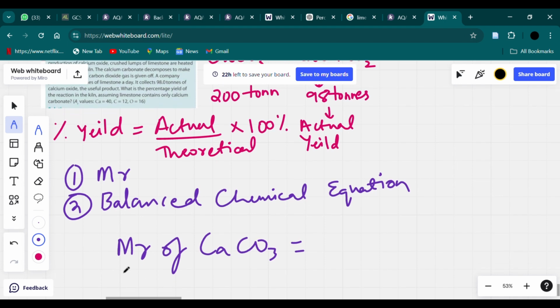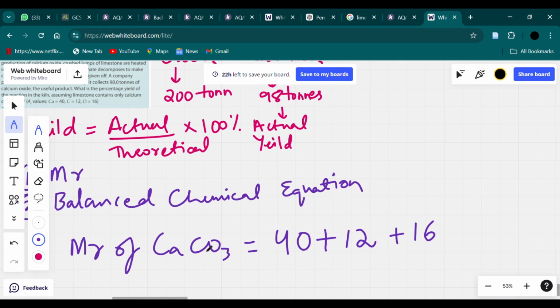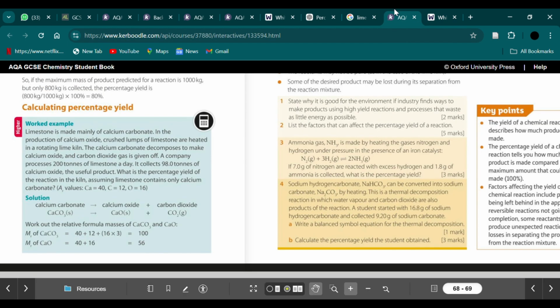So the relative atomic mass of calcium is 40, plus the relative atomic mass of carbon is 12, plus the relative atomic mass of oxygen is 16, and there are 3 atoms of oxygen, so you will multiply 16 by 3 and you will get the answer, that is 100.